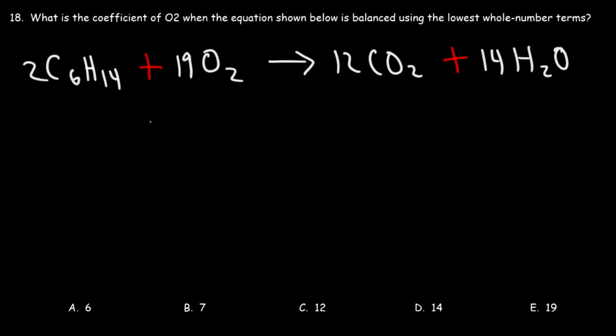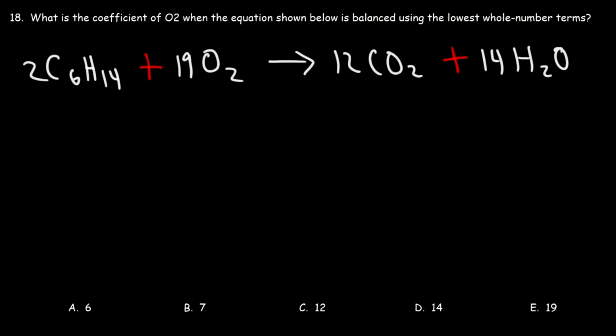So now notice that we have 12 carbon atoms on both sides. And we have a total of 28 hydrogen atoms on both sides. 2 times 14 and 14 times 2, they're the same.